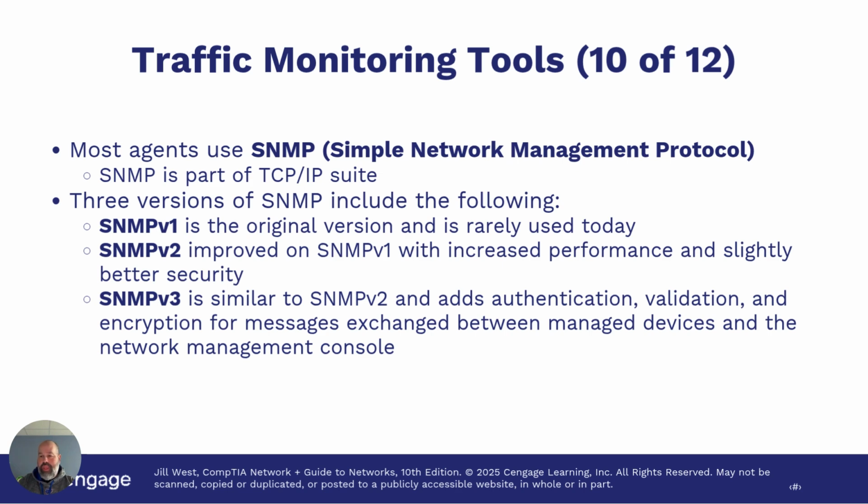SNMP V3 is the modern version with actual security. It's got authentication, validation, and encryption for messages between devices and the management console. It's like finally getting a proper deadbolt. Always use version 3 if you can.